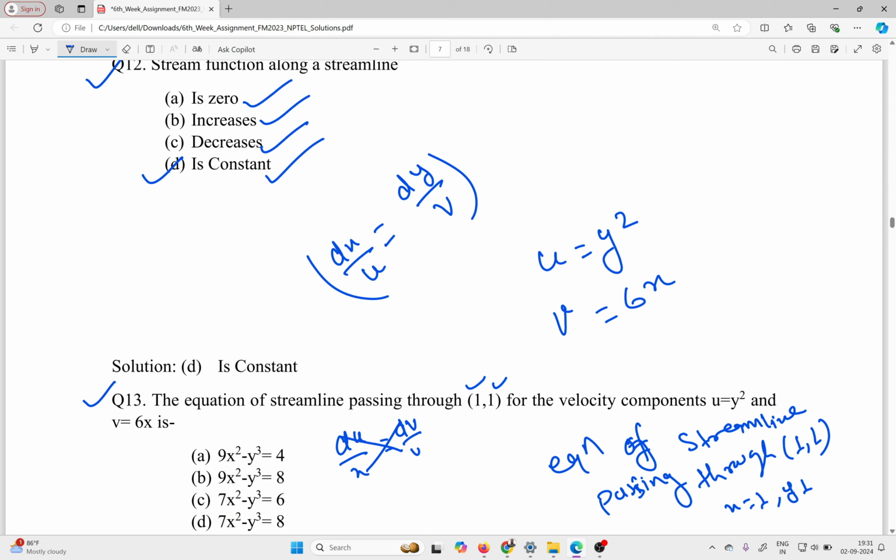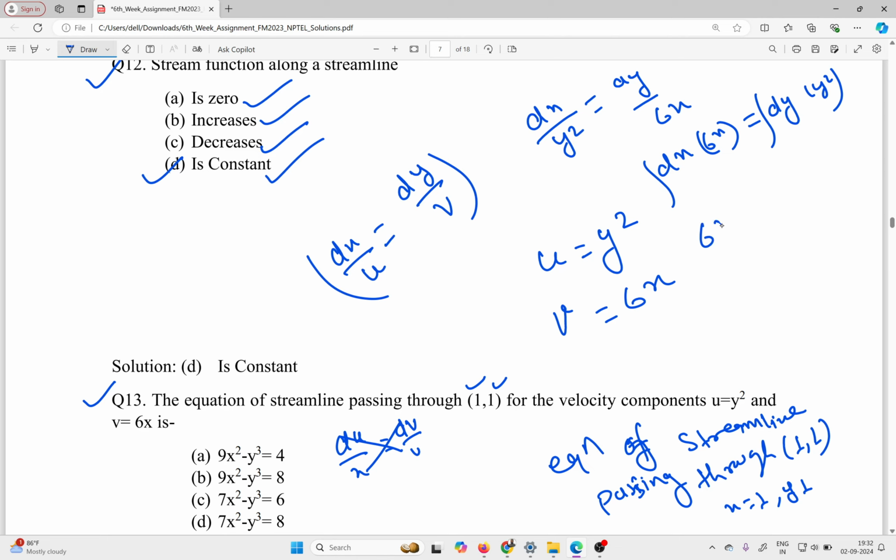So now you can calculate very easily. del x by y square equal to del y by 6x. So 6x dx equals dy y square. Integrate both sides.